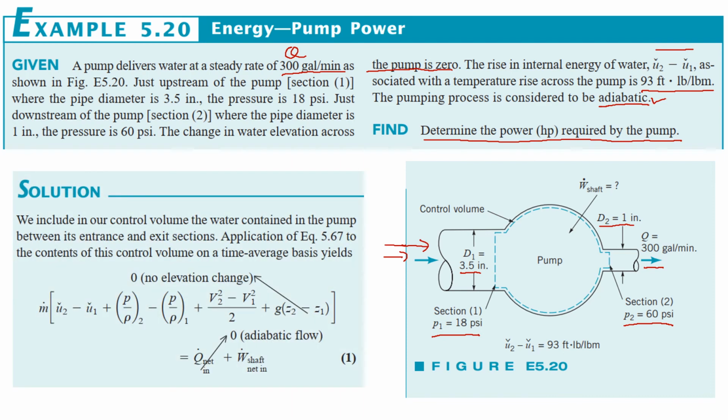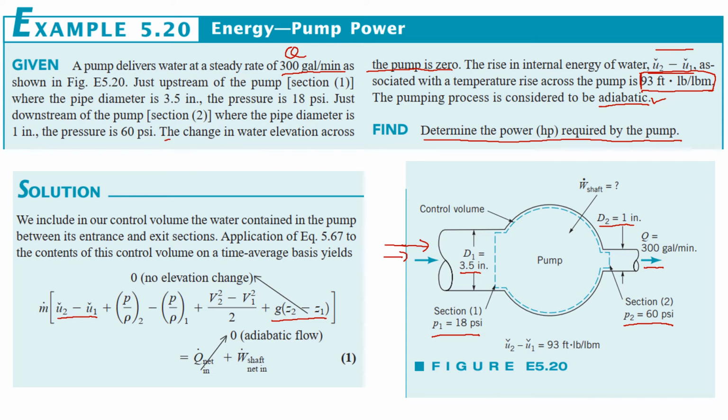So let's look at our equation now. The flow is steady state, and as we discussed, we will only discuss steady state flow problems. So that partial derivative with respect to t term for our control volume is already equated to 0 in this equation. So don't get confused that our equation has changed somehow. This is our change in internal energy, given as 93 foot-pounds per pound mass, and this is our elevation.